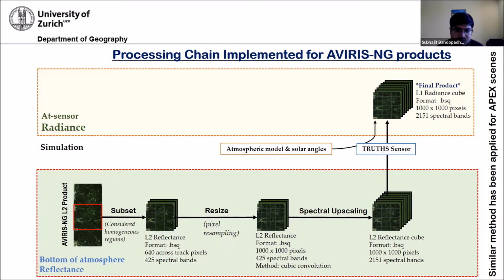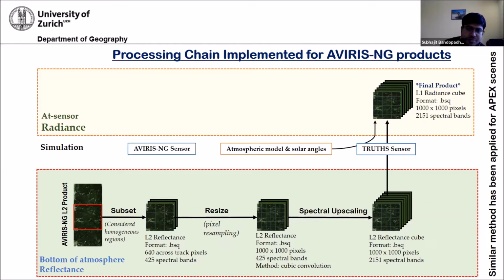Then we resample the imagery to 1000 by 1000 pixels. Then with a specific method, we do the spectral upscaling. We have also developed the TRUTHS virtual sensor, which is the future space mission sensor, and we further simulated these reflectance cubes with the sensor to get the final product.